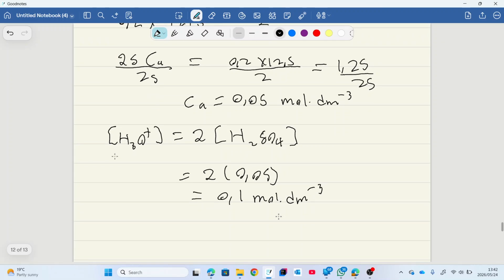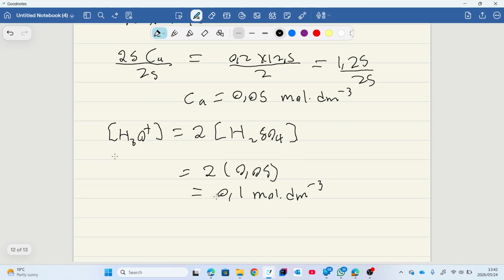Now that is the concentration of hydronium ions. Therefore, pH equals minus log the concentration of hydronium ions.